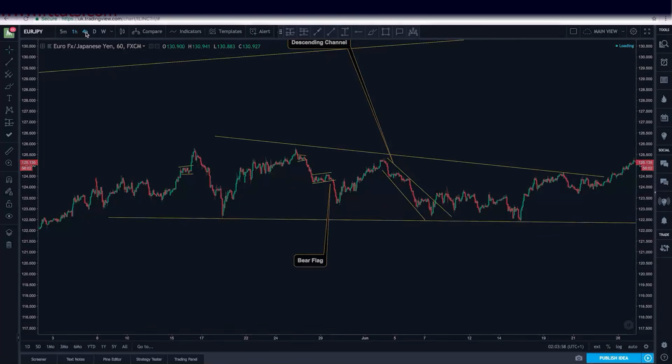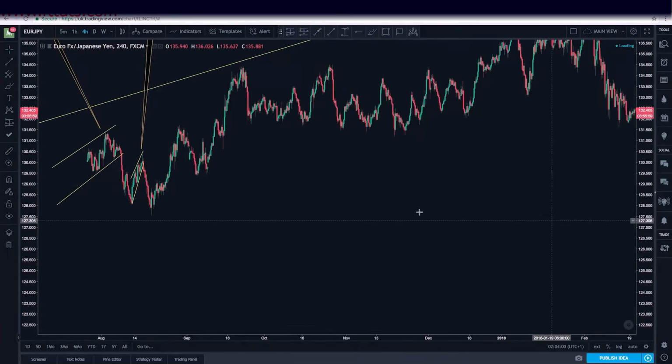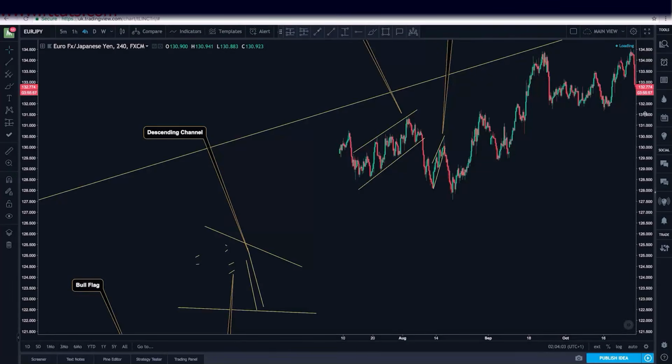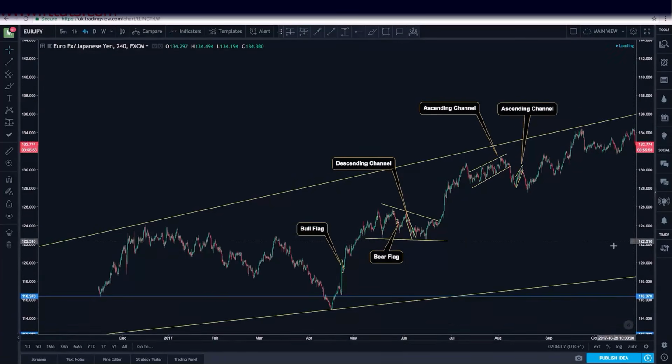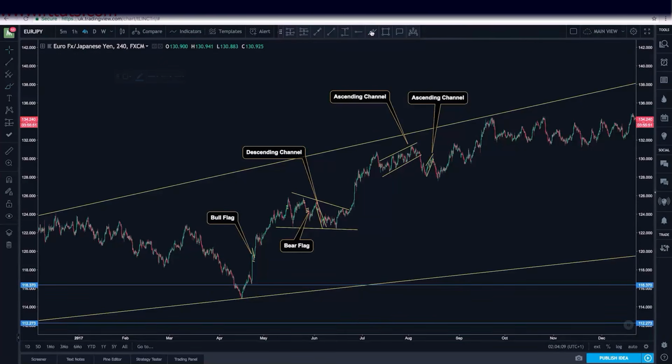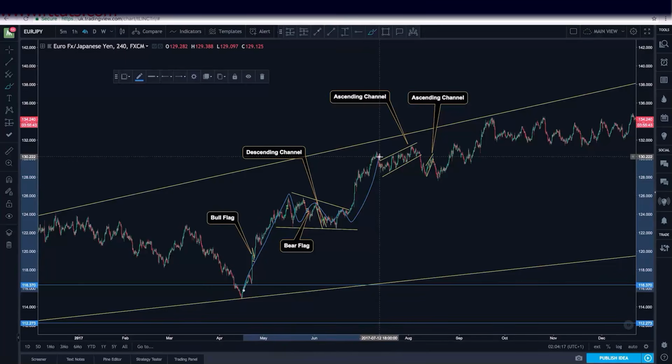The interesting thing to note is if I go to the 4 hours so you can see the overall pattern, yes, there are impulses and corrections, but this whole move is an impulse, and then that is a correction, followed by an impulse. So as you can see, there are impulses and corrections within impulses and corrections.